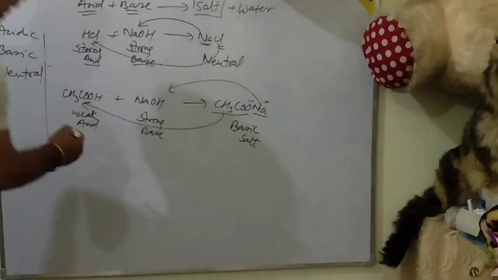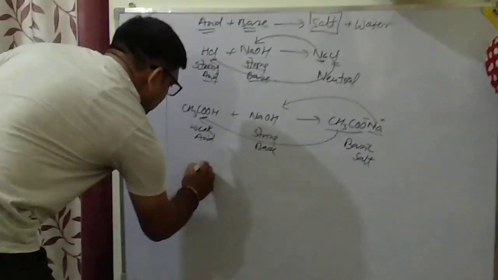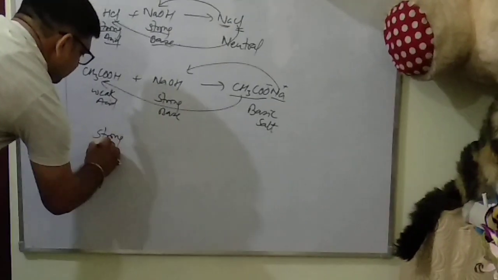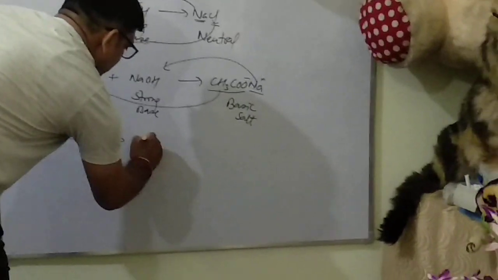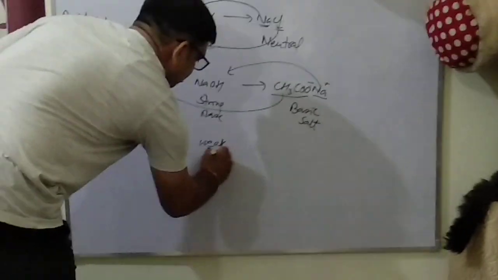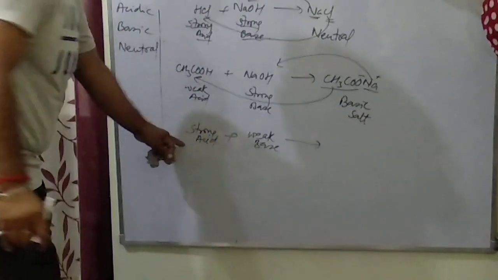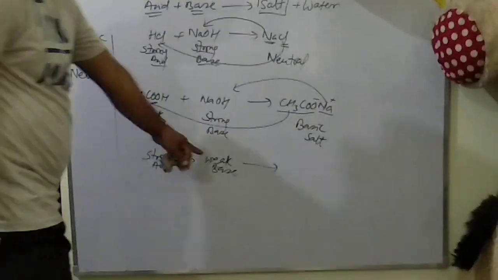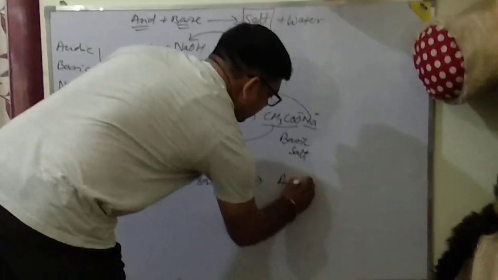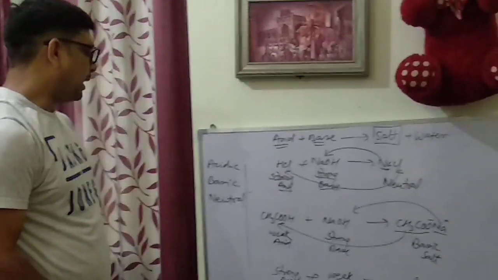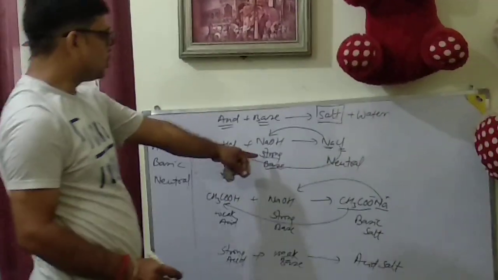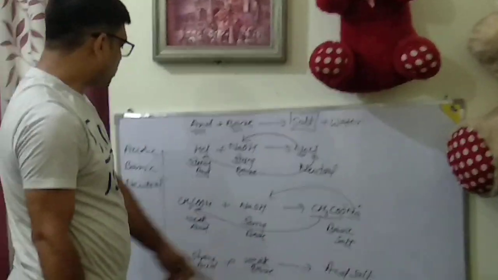In the same way, the criteria is, when a strong acid reacts with a weak base, then because the acid is strong and the base is weak, the salt will be an acidic salt. And if both are strong, the salt is neutral.